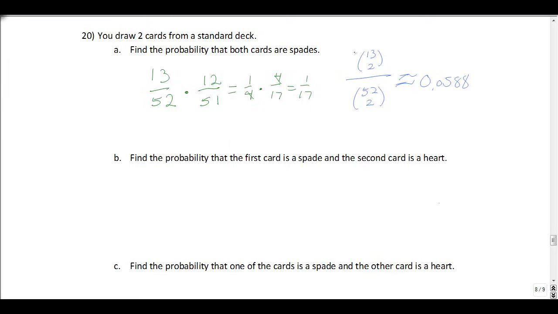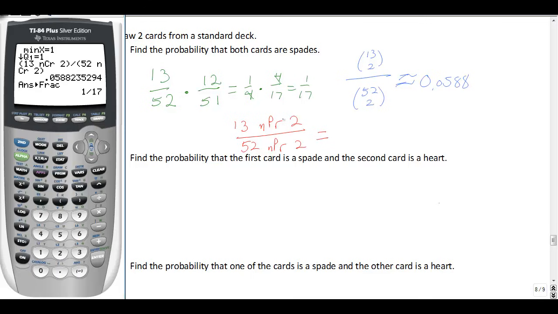You could also run the same kind of calculation, paying attention to the first card and the second card. And so what that would be is, I'm just going to write it in the calculator notation, 13 nPr 2 over 52 nPr 2. So I do the permutations here.